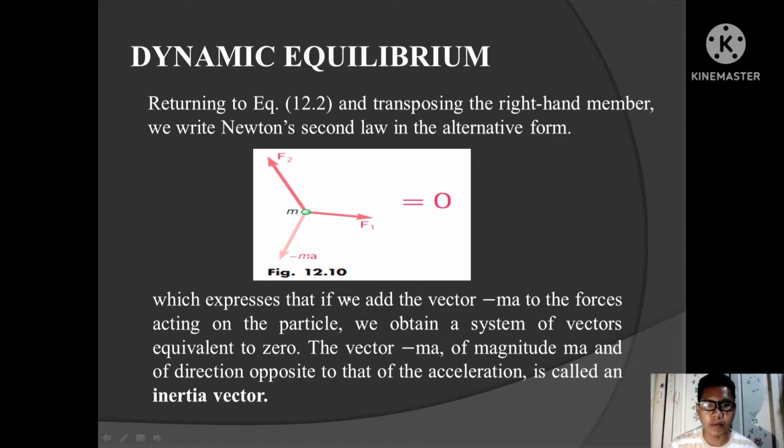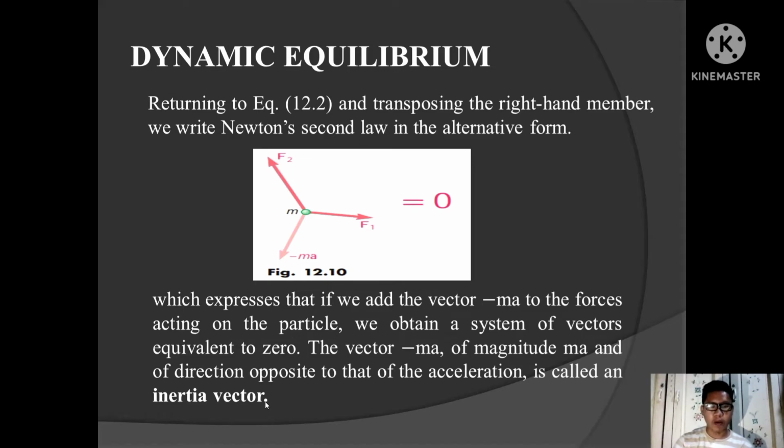The vector negative mass times acceleration, of magnitude ma and of direction opposite to that of the acceleration, is called an inertia vector. As we all know, inertia is the property of matter that causes it to resist changes in velocity, which is the speed with the direction. So that's the inertia vector.